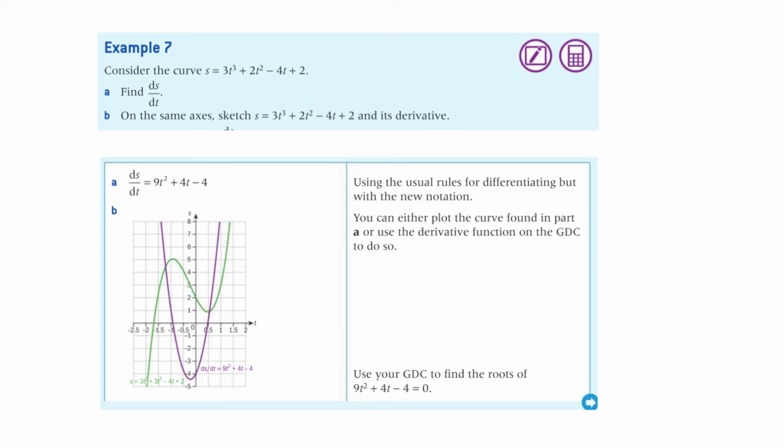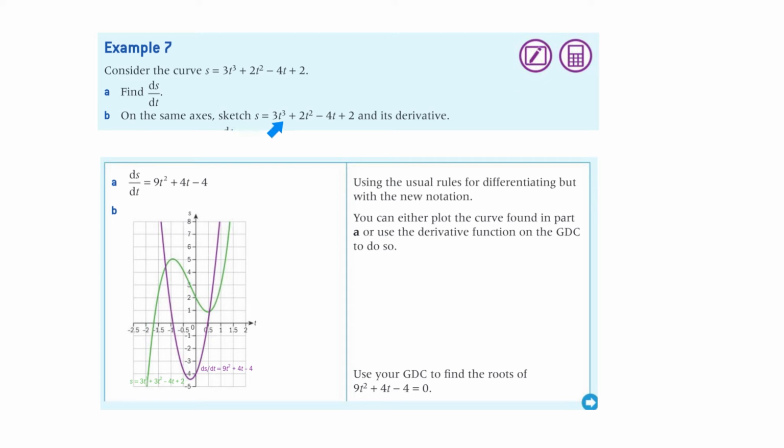So that's an easy one to do. 3 times 3 is 9, 9t, and 3 minus 1 is 2, so it's 9t squared. 2 times 2 is 4, times t to the power of 2 minus 1, which is 1, so that becomes 4t. And the last one there, assume there is actually a 1 there, so 1 comes down, that's minus 4, and the t becomes t to the power of 1 minus 1, which is t to the 0, which is equal to 1, so that becomes minus 4, and the derivative of a constant is 0.